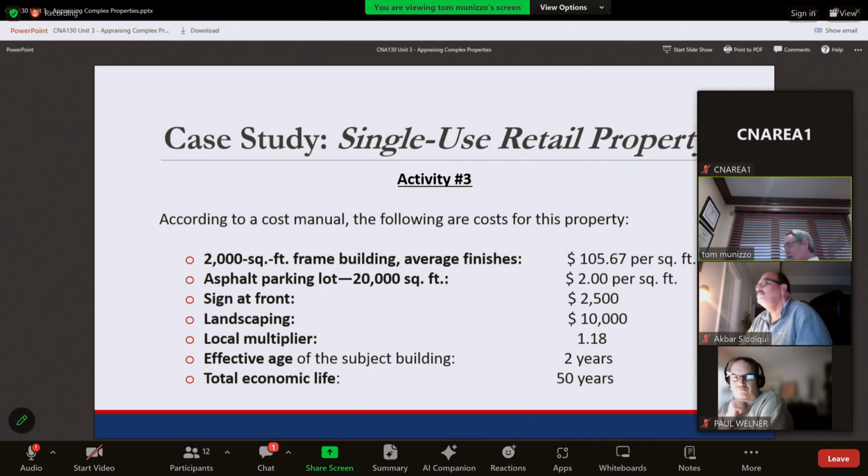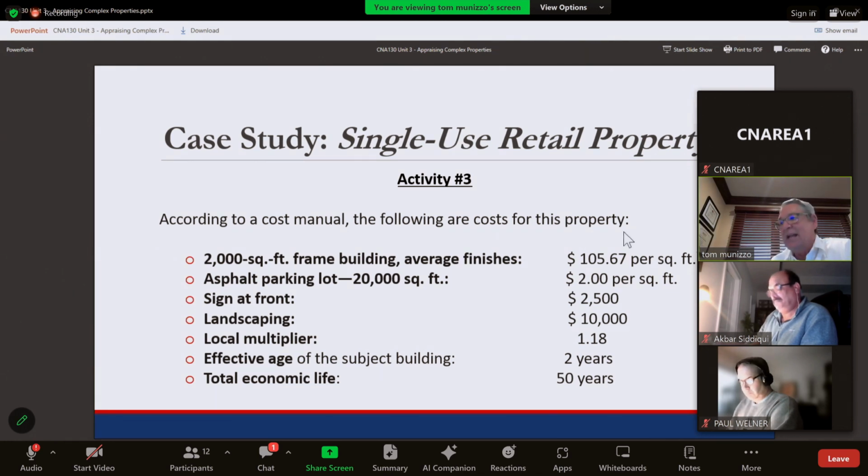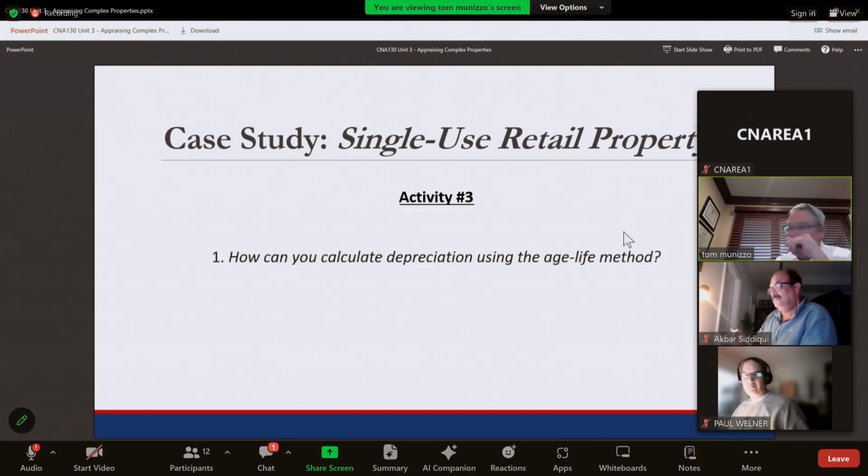And we're showing our depreciation age-life factors, 2 years effective age with a 50-year remaining economic life, saying there is no functional obsolescence or external, and that the lot value is established at $85,000. How can you calculate depreciation using age life?